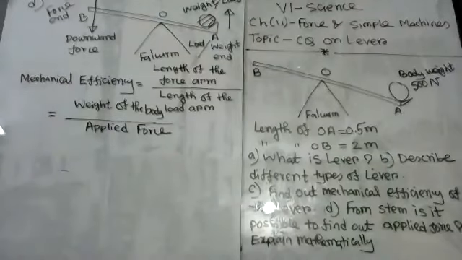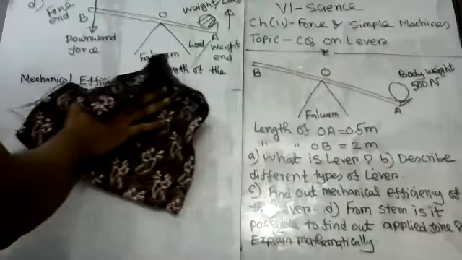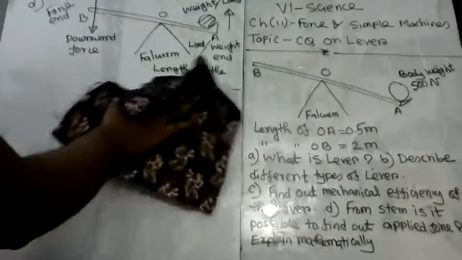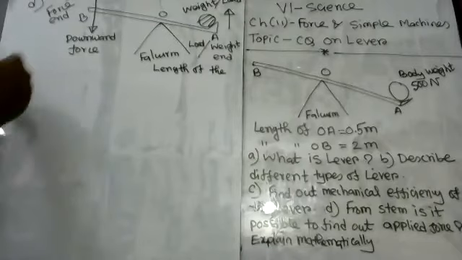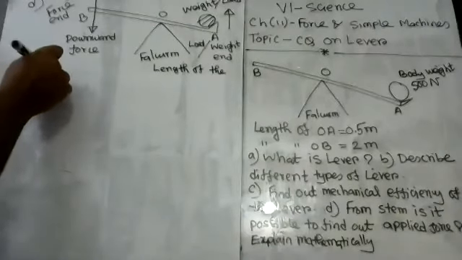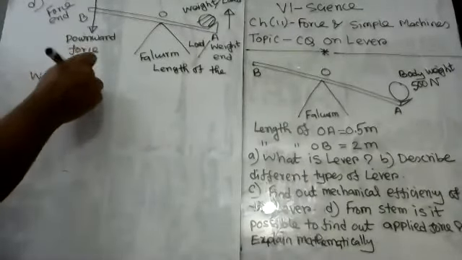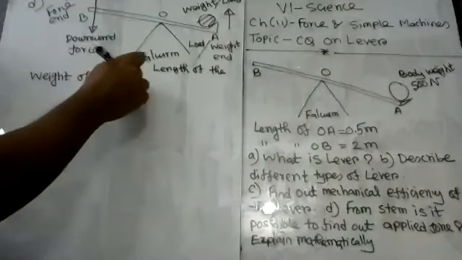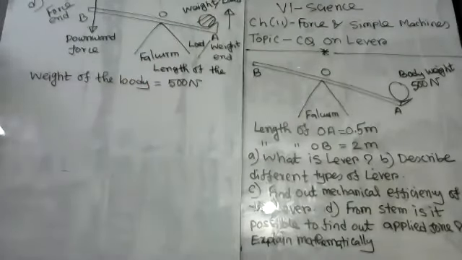Okay, now we are going to solve this question, question number D, formally. I'm just going to erase this part. Let us decide by using which formula we can solve this question. Now, the given information is weight of the body equal to 500 Newton.